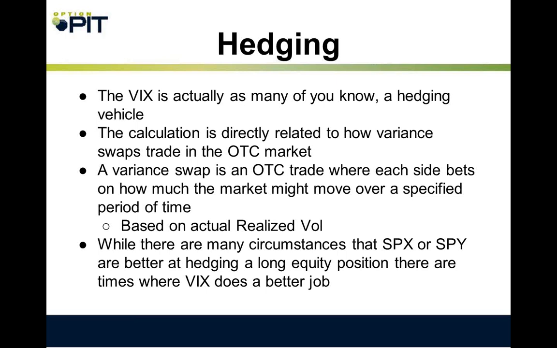All right, so now let's talk about hedging. The VIX is, as many of you know, a hedging vehicle. The calculation is directly related to how variance swaps trade in the over-the-counter market.